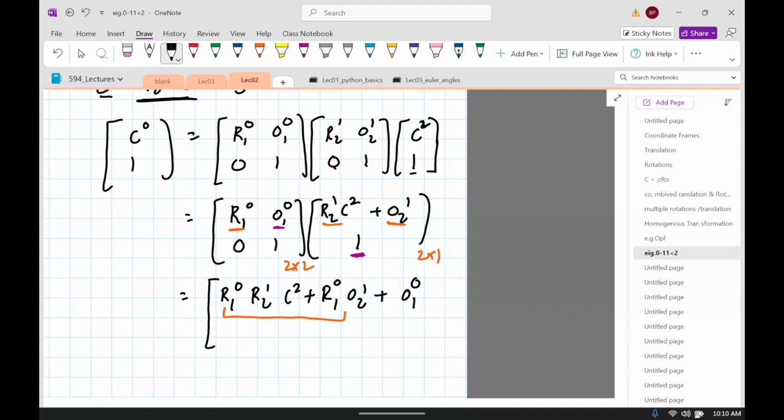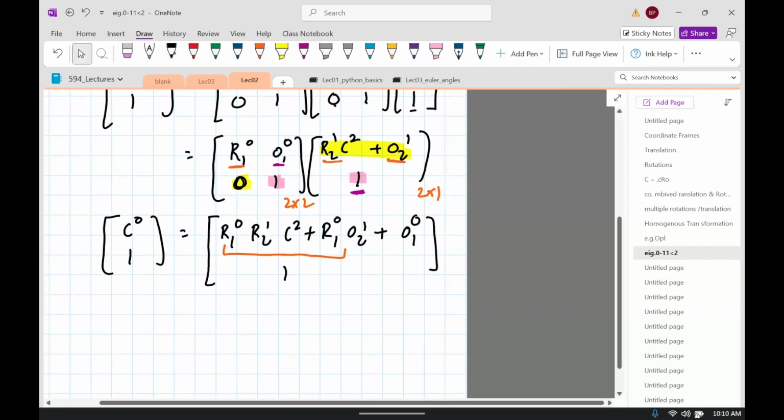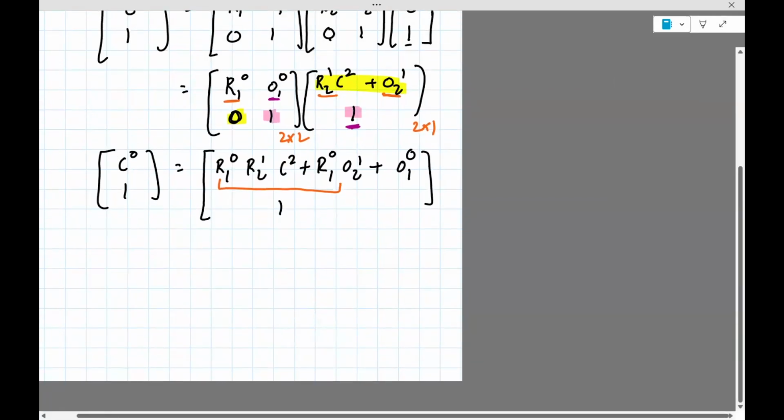Okay, next, I take the 0, multiply with this whole thing, so that's 0. And then this 1 multiplied by 1. So 0 plus 1 is 1. So I'll end up with 1. So we have C0, 1. And so the second line is just saying that 1 equals 1, which is obviously true.